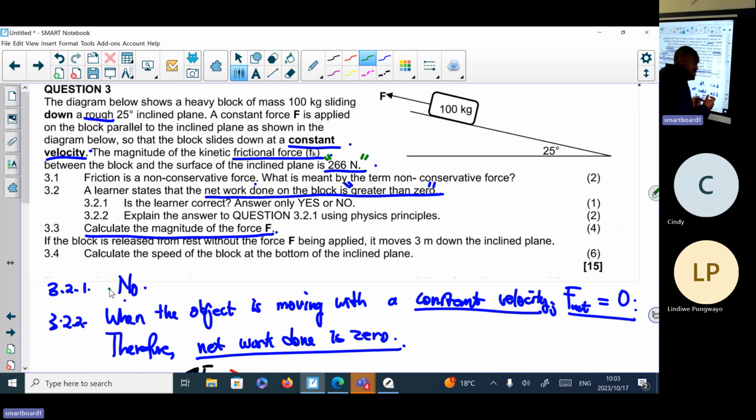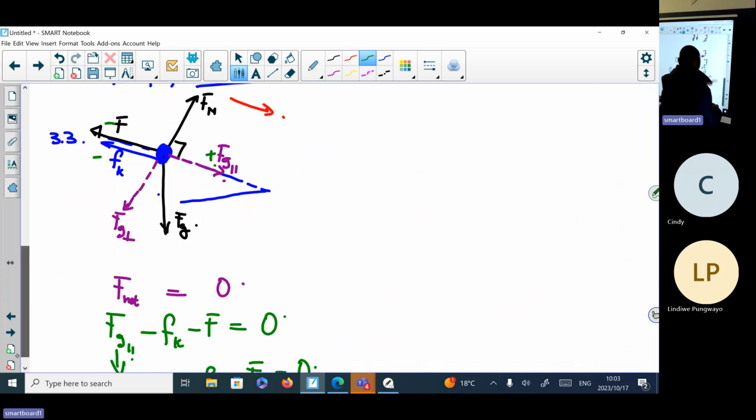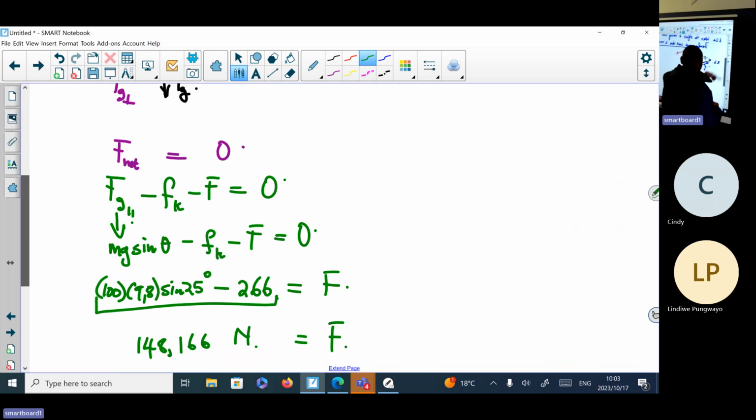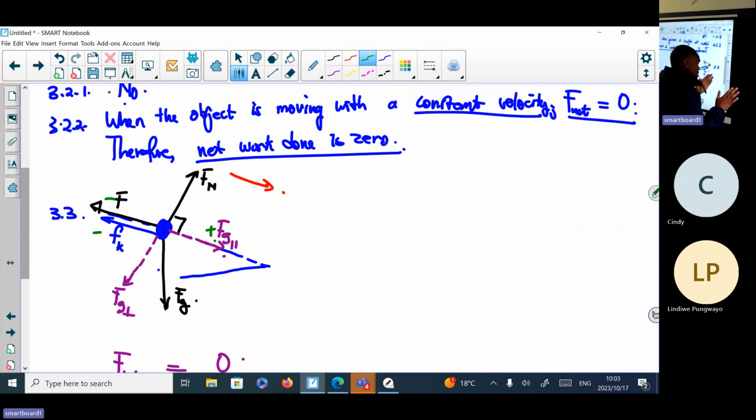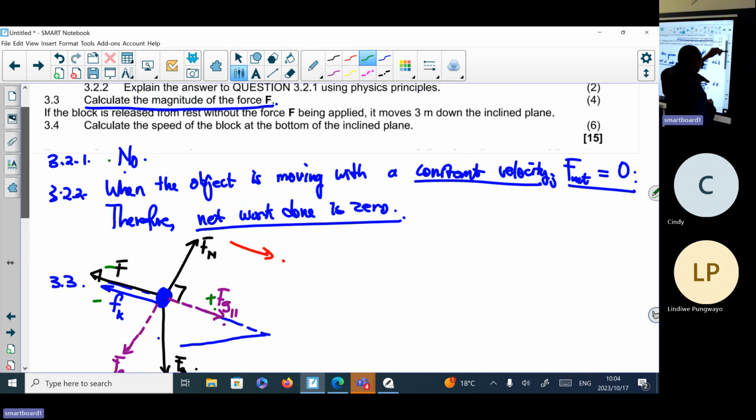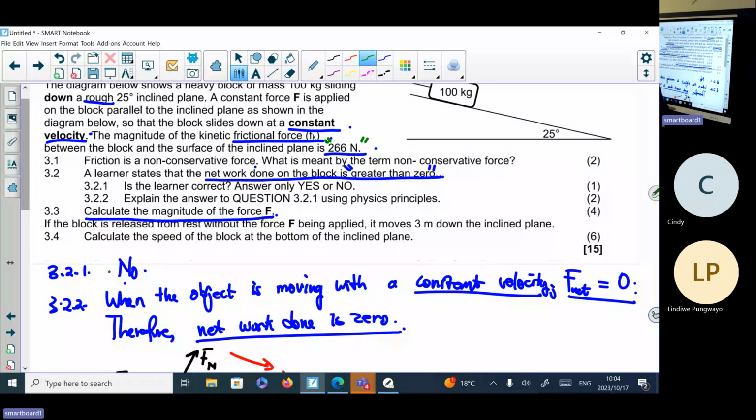It's what guides us, what we use to zoom into the problem and to navigate through it, as we have seen here. Once we have the free body diagram, we're able to see which forces are in the positive direction and which are in the negative direction. So it became so much easier. It's very important, whether they have asked you or not to draw the free body diagram, just draw it because it will help you.